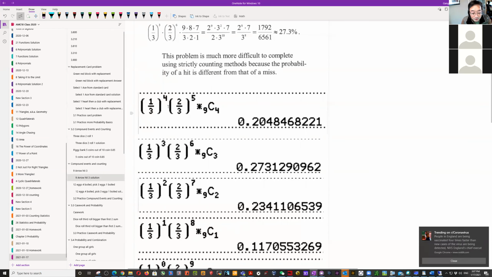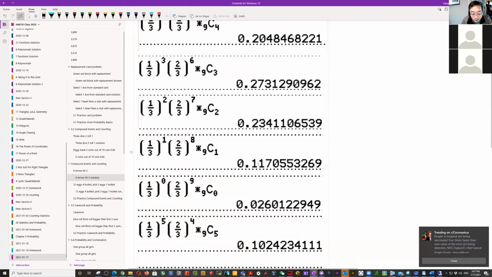Then hitting 1 arrow. So this is 2 arrows, 1 arrow, and this is also 0 arrows. Hitting 0 arrows, you have about 2.6%.